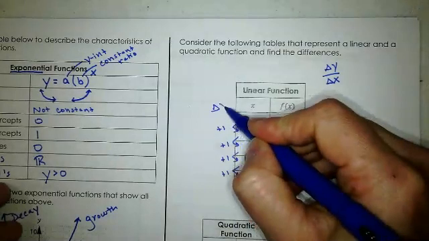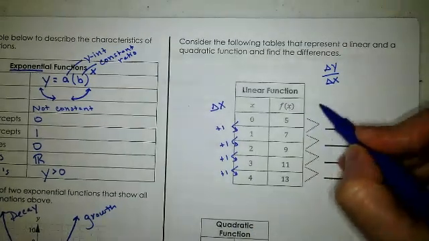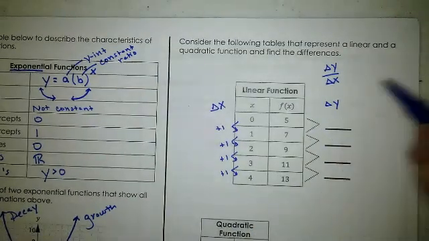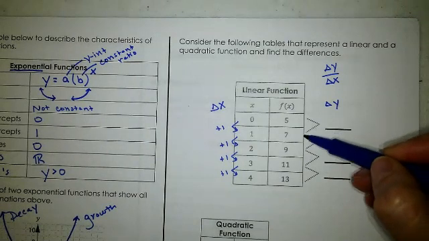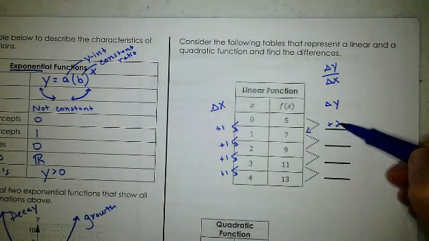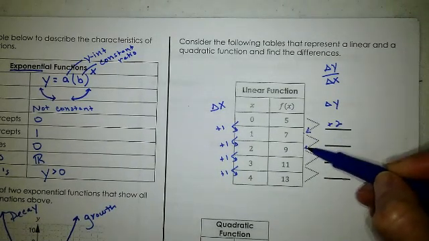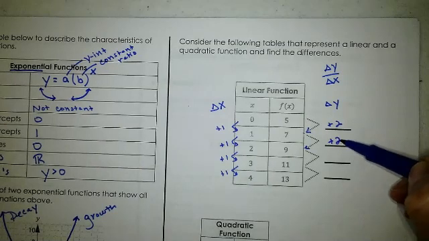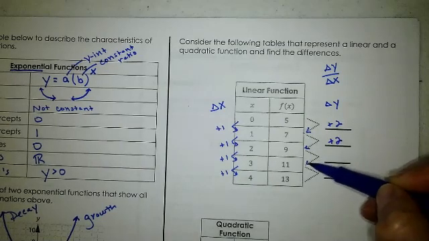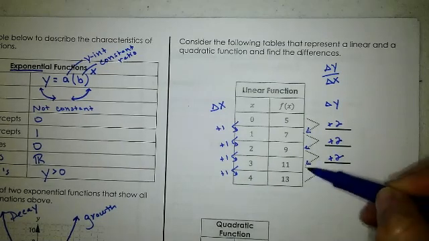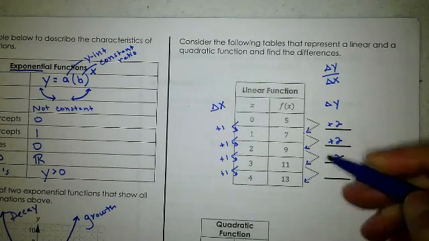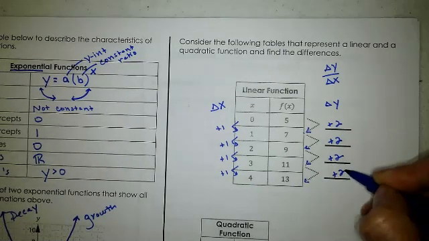So that's the change in x. And the change in y, or f of x, to get from 5 to 7, I add 2. To get from 7 to 9, I add 2. To get from 9 to 11, I add 2. To get from 11 to 13, add 2.